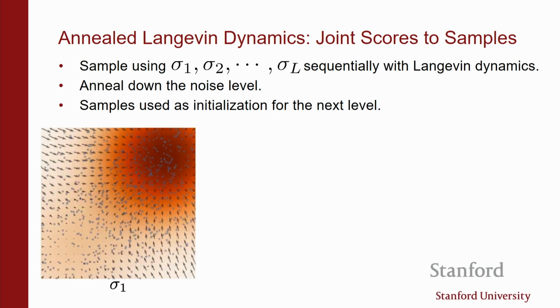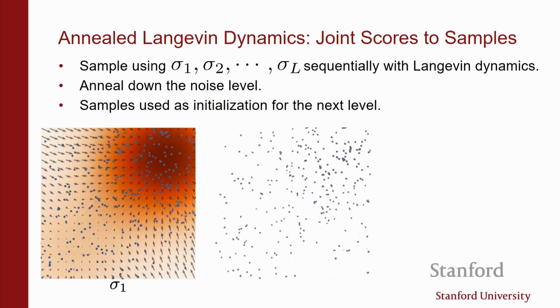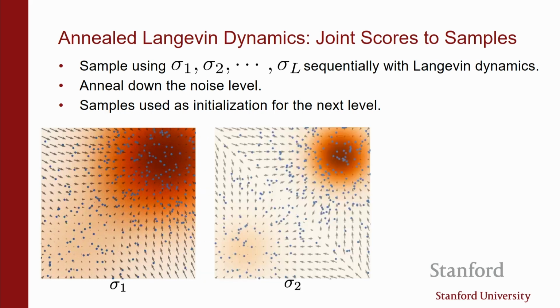If you were to keep running this, you would be able to generate samples from the data distribution plus a lot of noise, which is not what we want. But we can use these samples to initialize another Langevin dynamics procedure where we've decreased the amount of noise by a little bit.